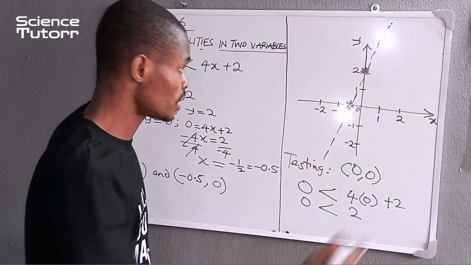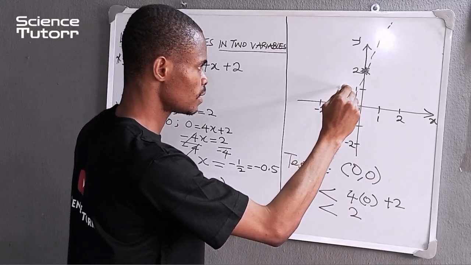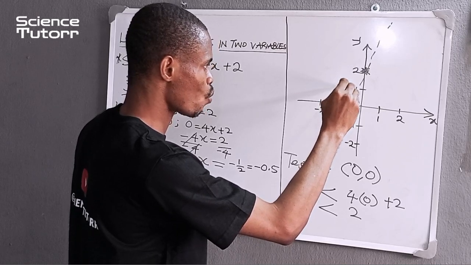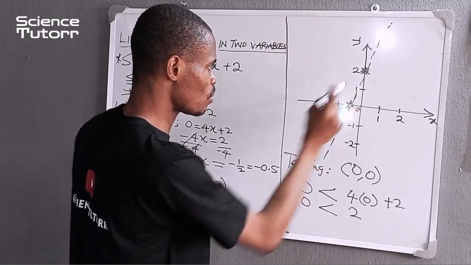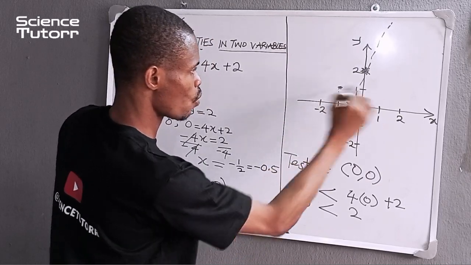But for confirmation, let's just pick a point. Let's assume we pick a point above the line, when x is minus 1, y is 1.